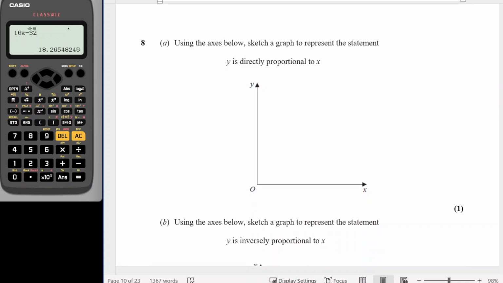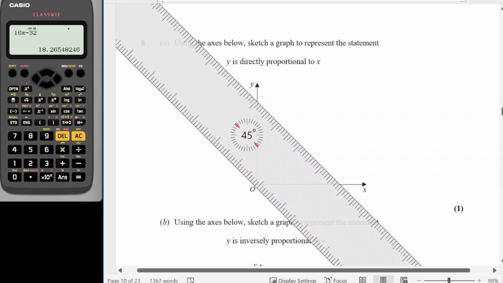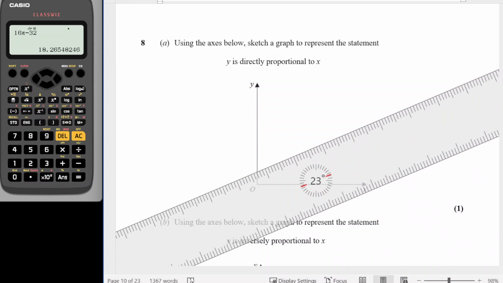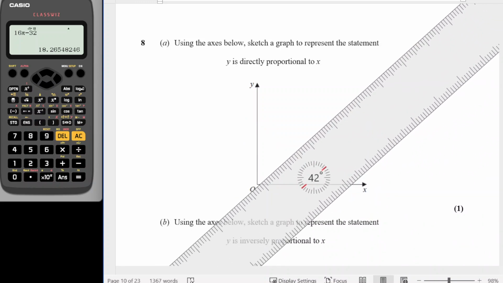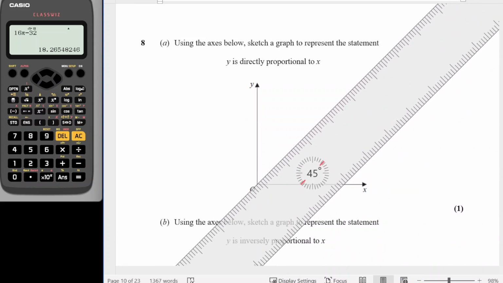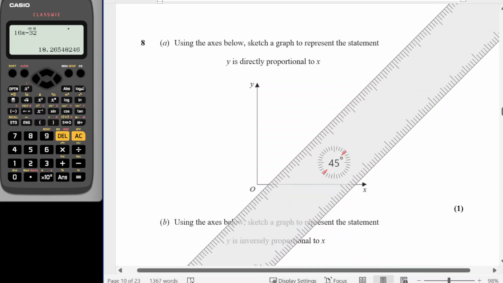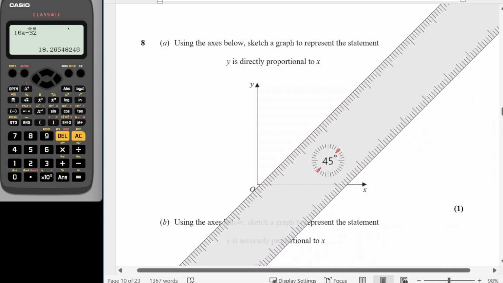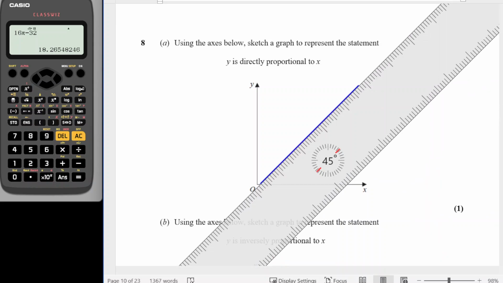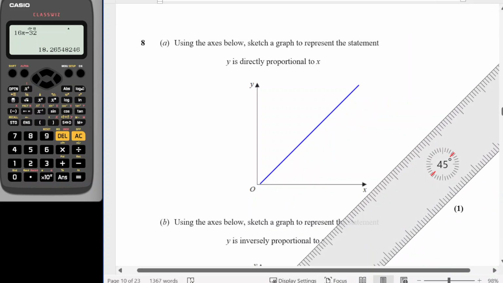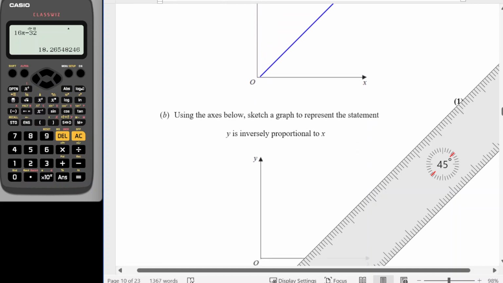Okay, y is directly proportional to x, so directly proportional is going to be a straight line going through the origin. So that's my directly proportional.